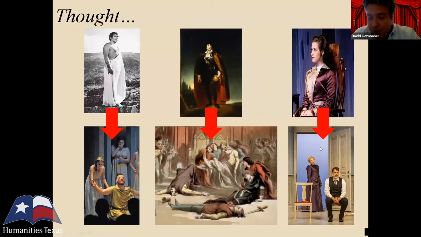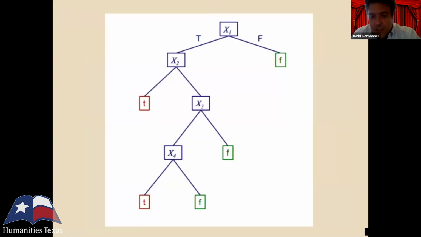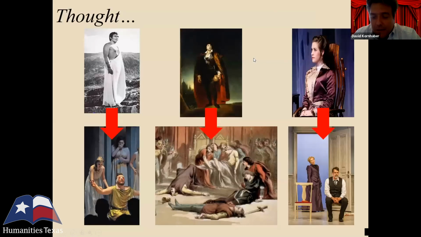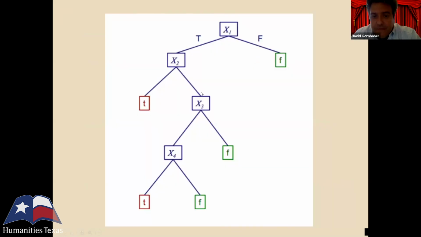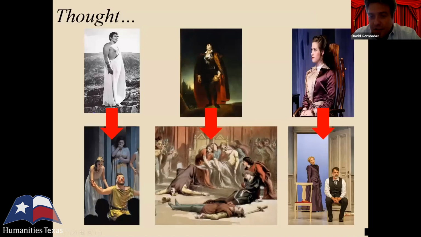And by the end of the play, she has decided to divorce her husband and leave her husband and her children and go off and set her own path in the world. It's a complete transformation. And again, it happens by marking this decision tree, by all these decisions, by the meeting of character and action together, which helps us think about what must take place for these transformations to happen.